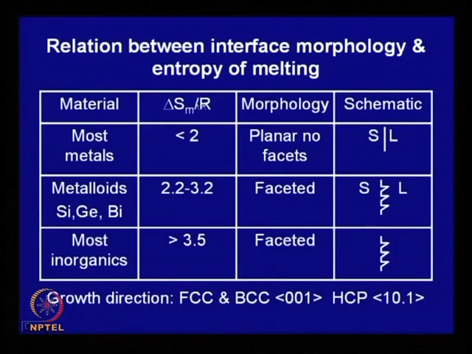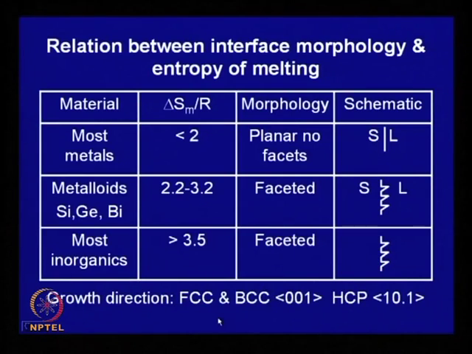For most metals it is less than 2. In this case you get a planar interface between solid and liquid, which is represented schematically. Some metalloids like silicon, germanium, bismuth, and certain other materials are in an intermediate range, you get a faceted structure, and for most inorganics this is much higher, and there you invariably get this kind of faceted structure.